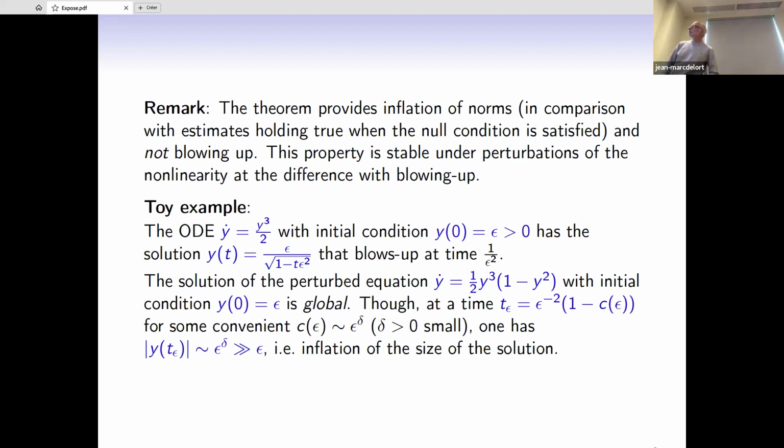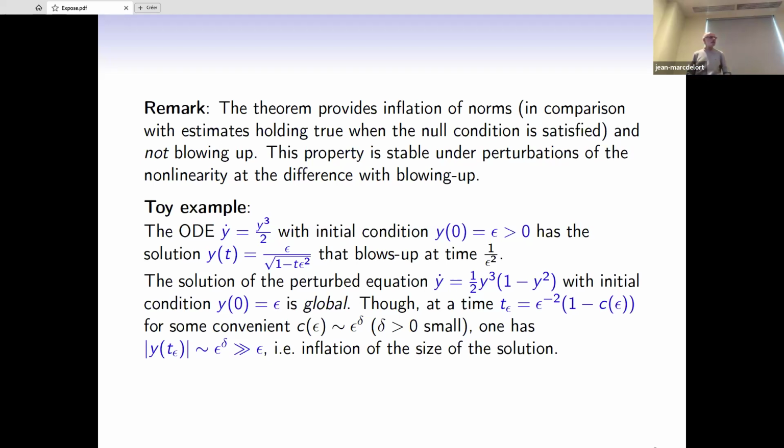And so this shows that while blowing up was not preserved by the perturbation of the nonlinearity, a property like norm inflation is preserved. And it turns out that, as I shall explain soon, the fact that we deal with a property which is stable under perturbations of the nonlinearity will play an important role in the proof.